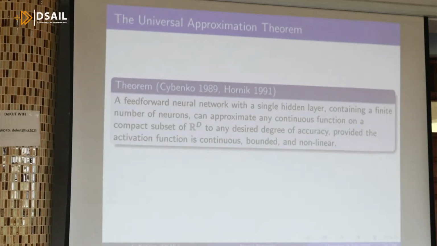On a compact subset of Rd. So as long as you're dealing with an input that is d-dimensional or less than d-dimensional, you can do that with this feed-forward neural network. And indeed, you can do an experiment and see whether you can model a polynomial with such a neural network. Of course, the theorem doesn't tell you how much training you need to do on the neural network to approximate.